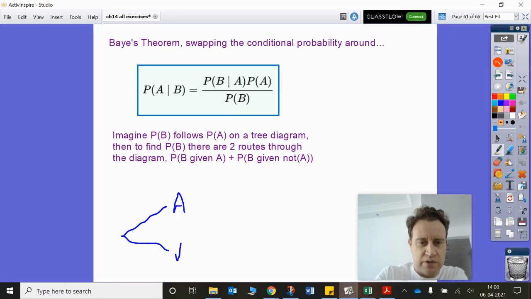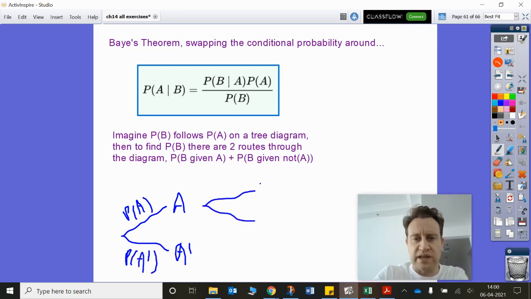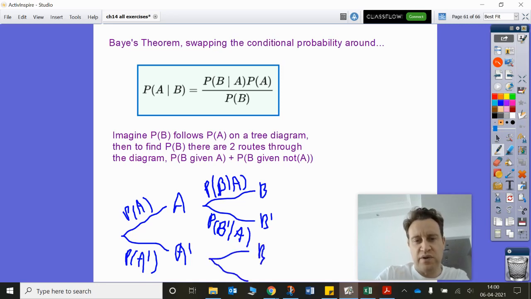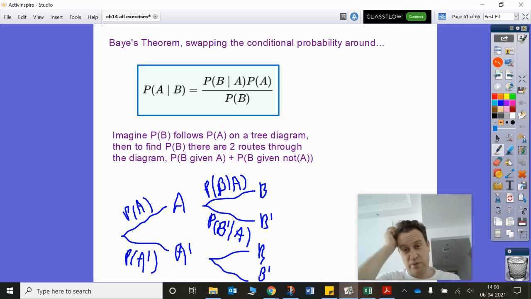So this is A and not A. So this would be the probability of A and the probability of not A there. And then following that is B and not B. And this is now the probability of B given that A has happened beforehand. And this is the probability of not getting B, so B dash, given A has happened beforehand. And obviously you can come up with two routes down here as well for B and not B there. I just can't fit in the probabilities.